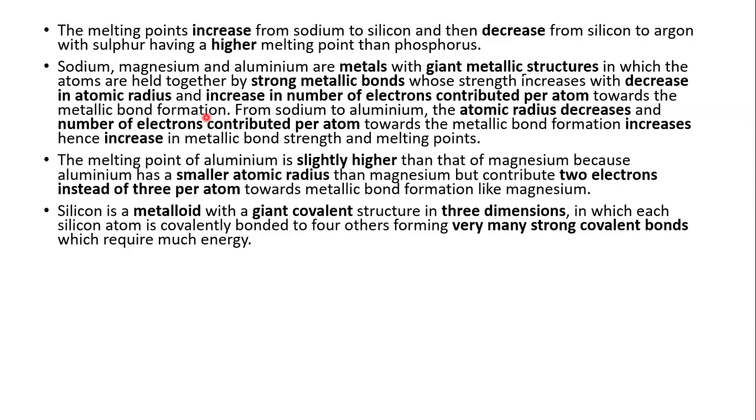That's why it has the highest melting point among the period 3 elements, because of the extensive, very many and strong covalent bonds formed when each atom is covalently bonded to 4 others in a tetrahedral arrangement.